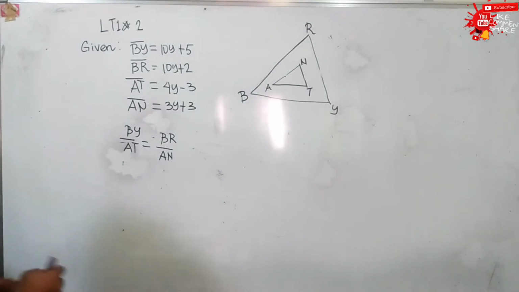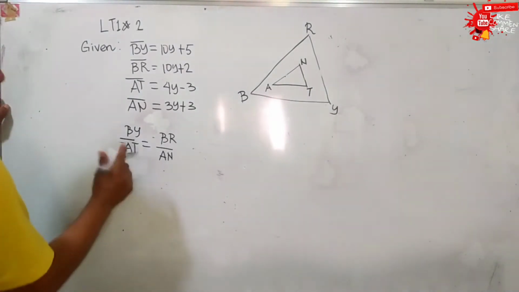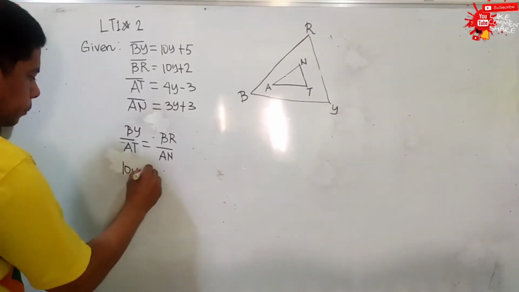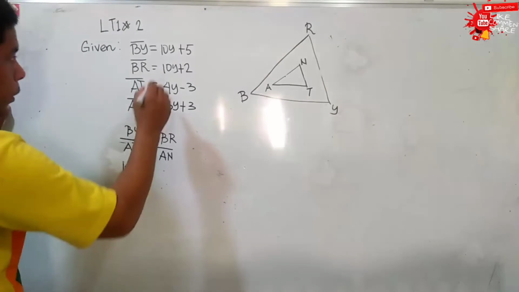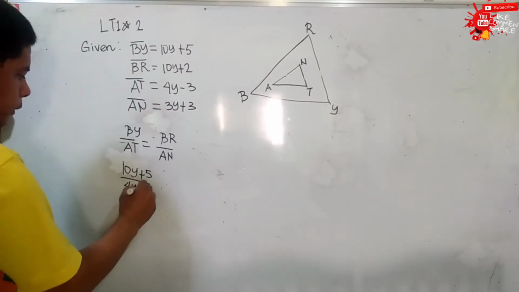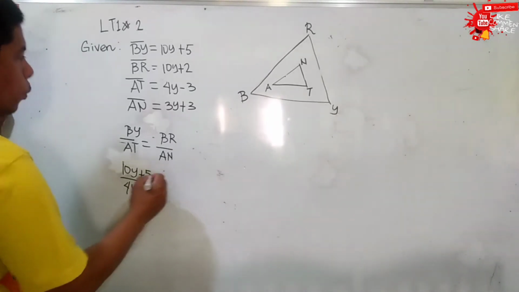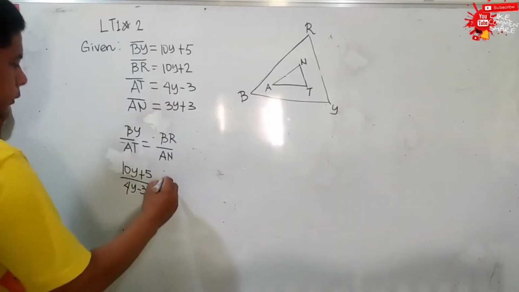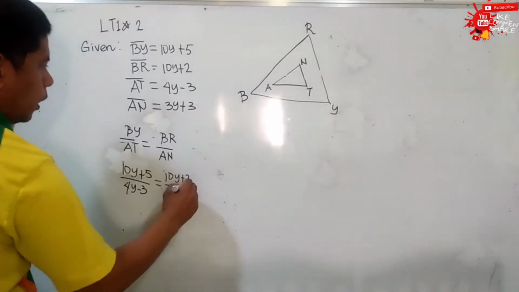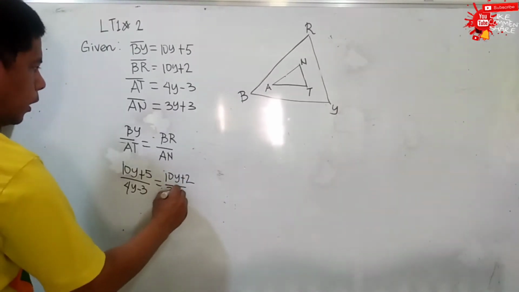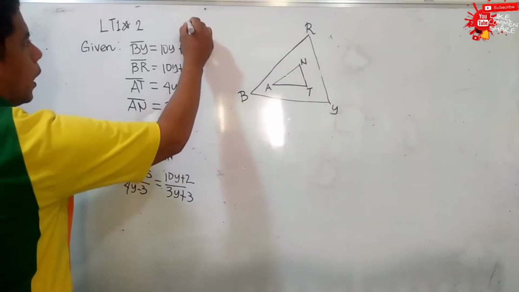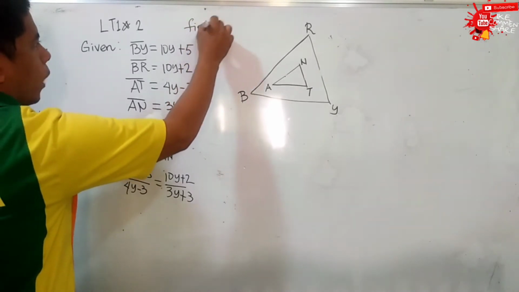So, substitute the value. Ano yung BY natin? Which is 10y plus 5, and AD natin is 4y minus 3, equals BR, which is 10y plus 2, and AN natin is 3y plus 3. Ang objective natin dito is find y.